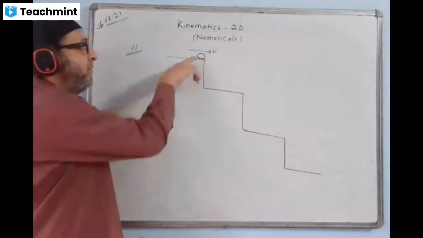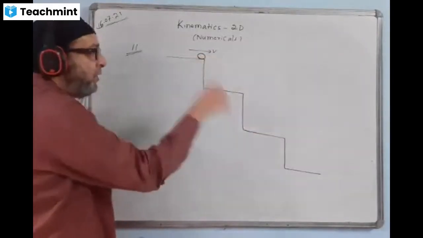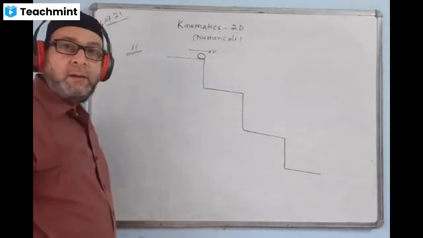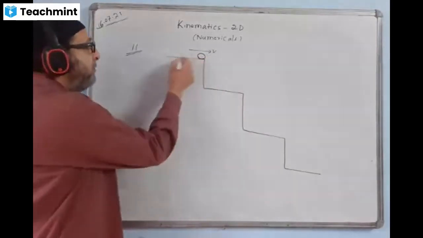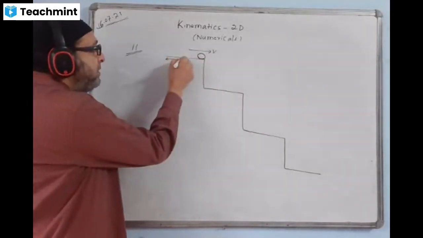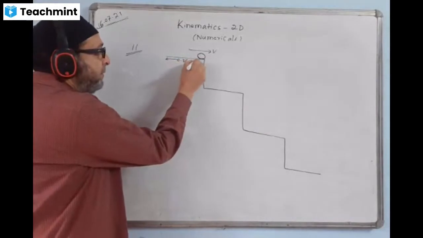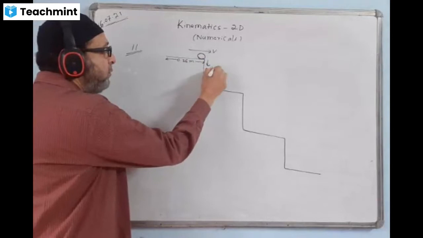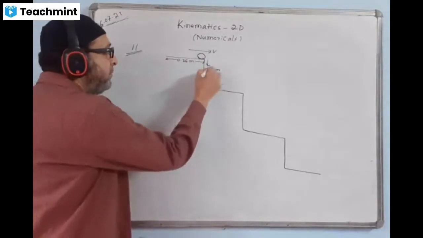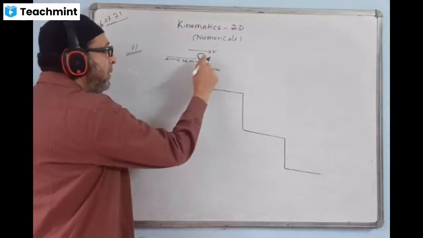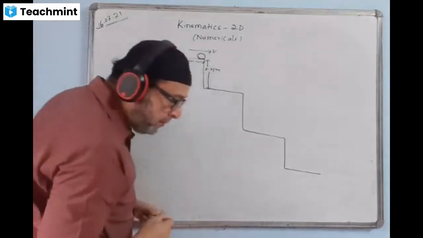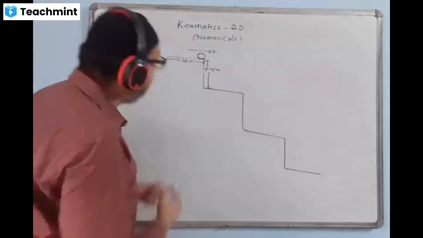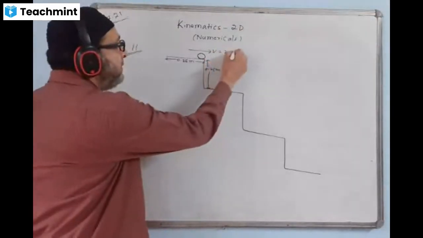The question asks which step this ball is going to hit. The length of the step is given as 0.25 meters, and the height also is given the same, 0.25 meters. And the value of v is given as 2 meters per second.